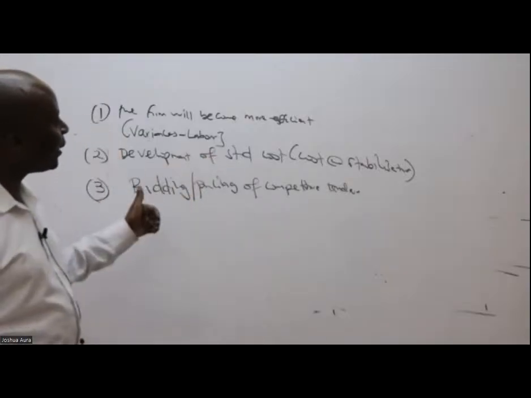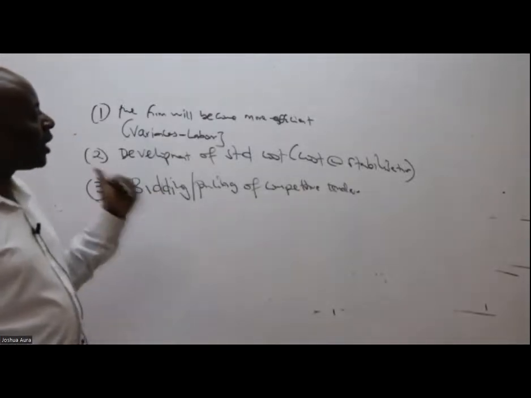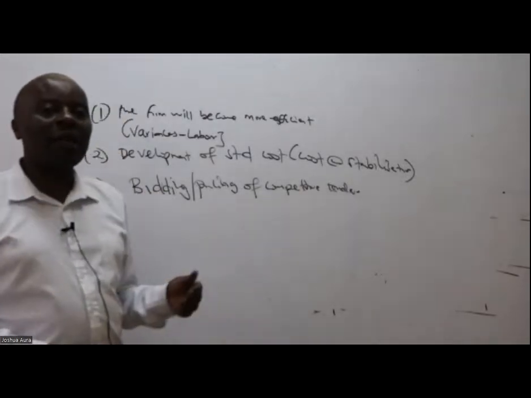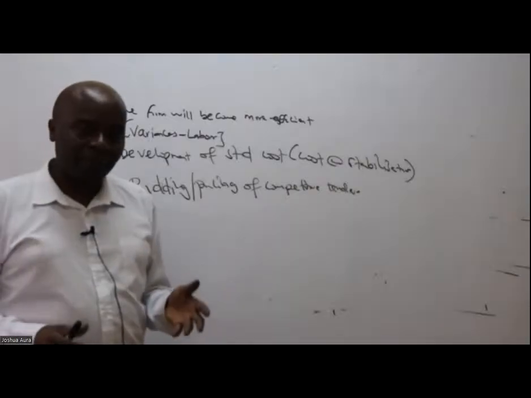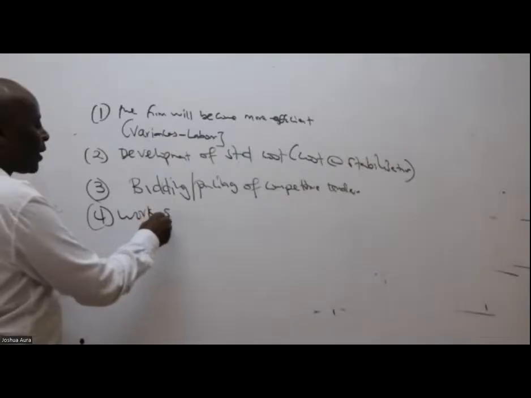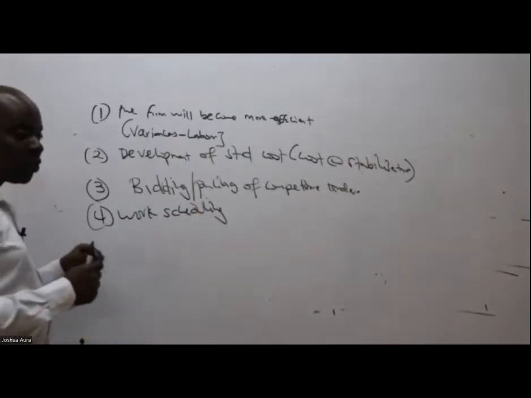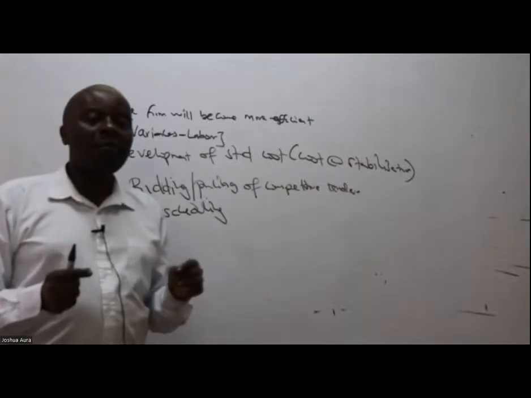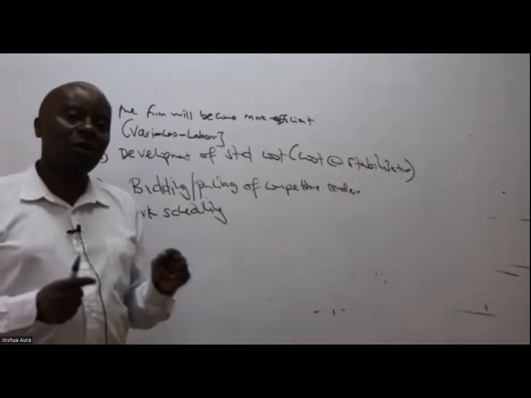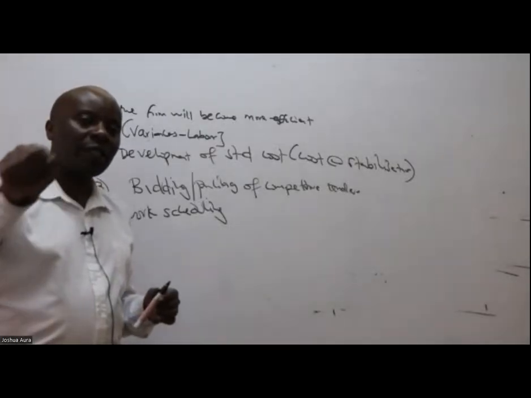Always, whenever you're asked, ladies and gentlemen, to give applications of learning curves, always remember things like pricing. Remember things like what here? Work scheduling, planning for jobs. Because through labor costing, you'll be able to know that this particular job will take this number of hours.